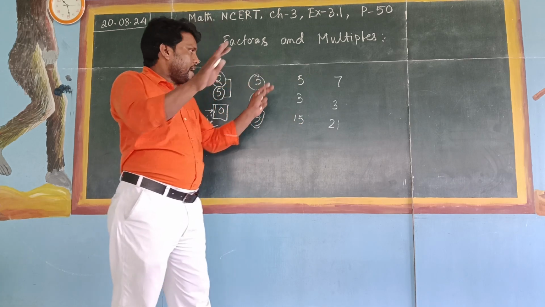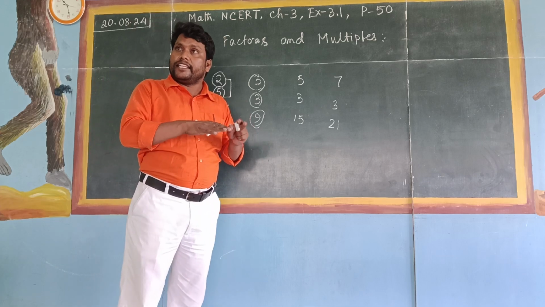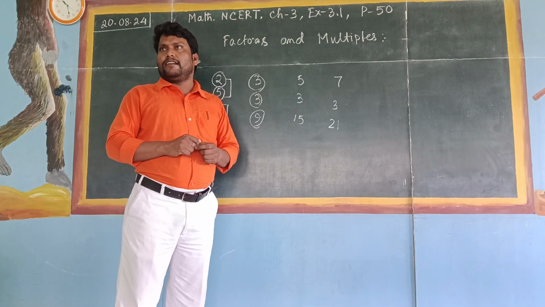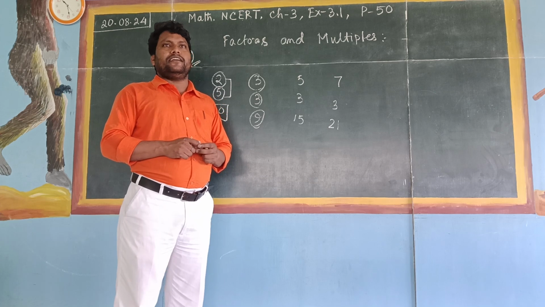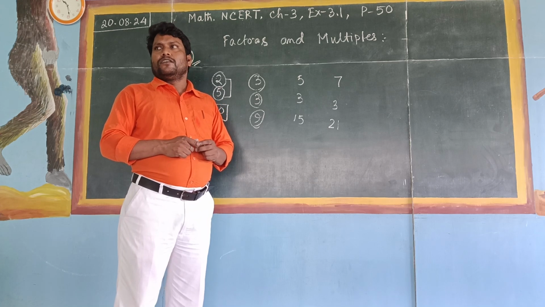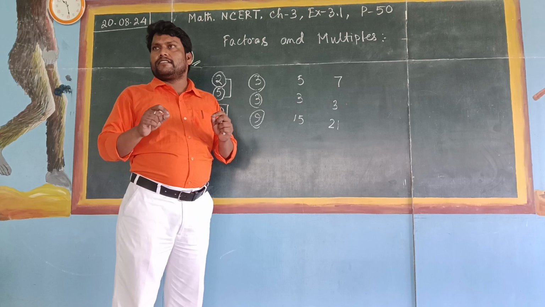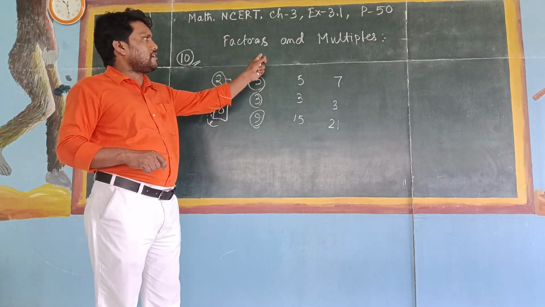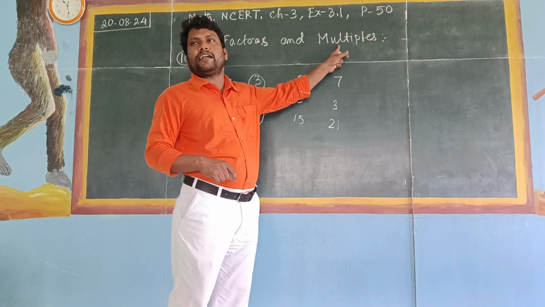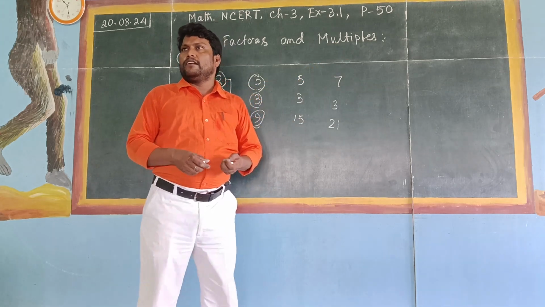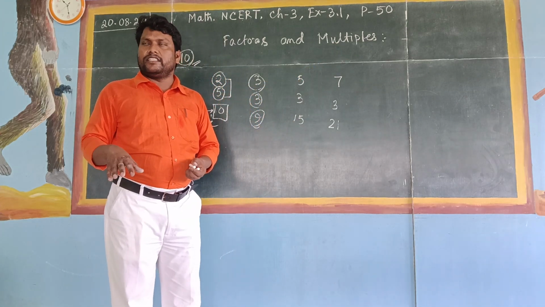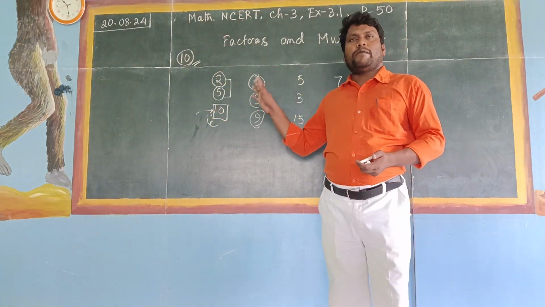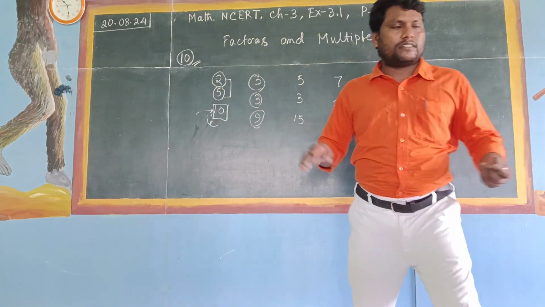So where are the factors coming from? They are coming from the multiplication table. So if anybody does not memorize the tables, you cannot find the factors and you cannot solve the multiples of a particular number. For this reason, I say you must memorize the tables first.